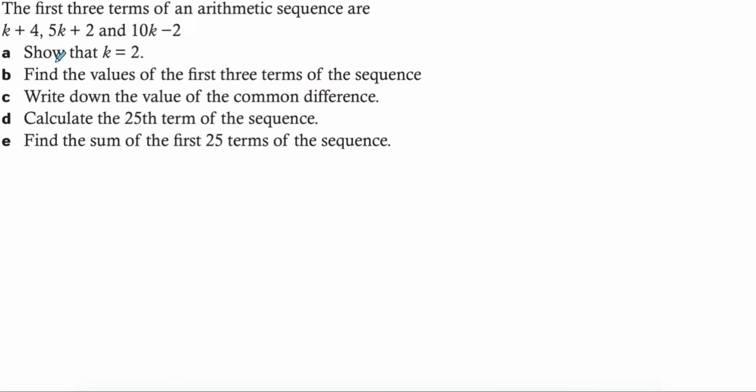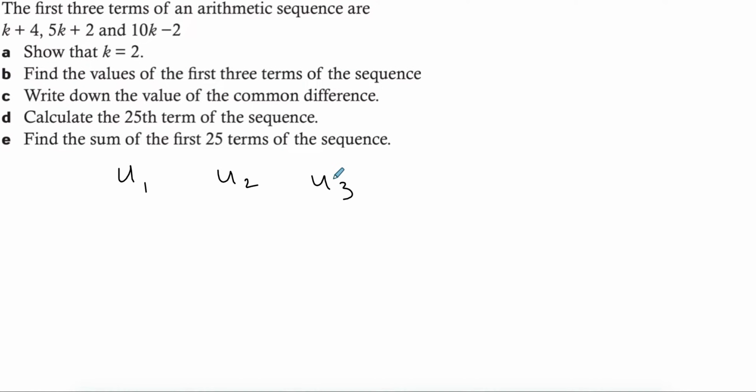So I'm going to use the two pieces of information that I know. One, that this is the first term, second term, third term, so they're in order. I also know that it's an arithmetic sequence, so there is a common difference between them. If I have u1, u2, u3, then they would have the same common difference.